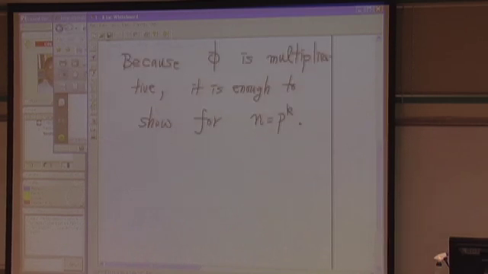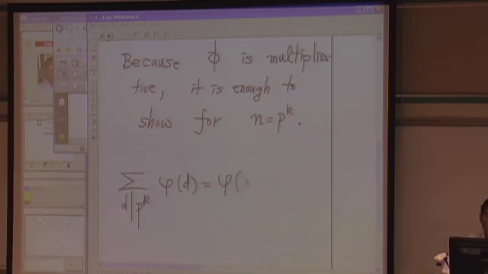So, the sum over divisors d dividing the prime power p to the k of phi of d equals: 1 divides p to the k, p divides p to the k, p squared divides p to the k, and p to the k divides p to the k.